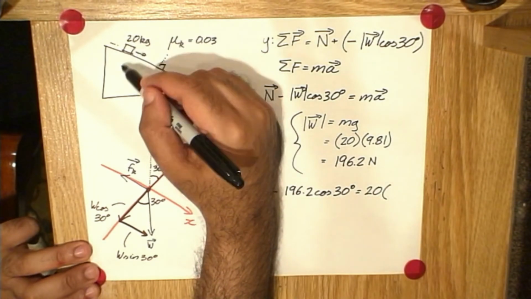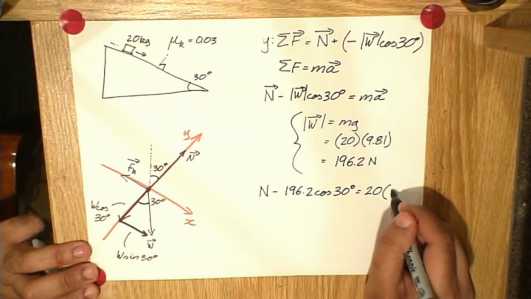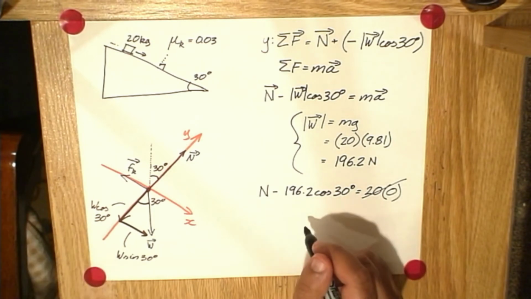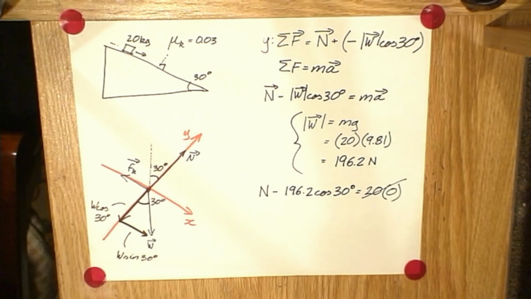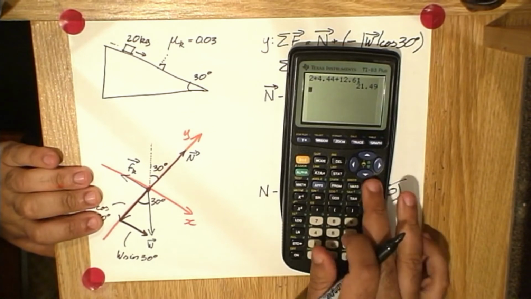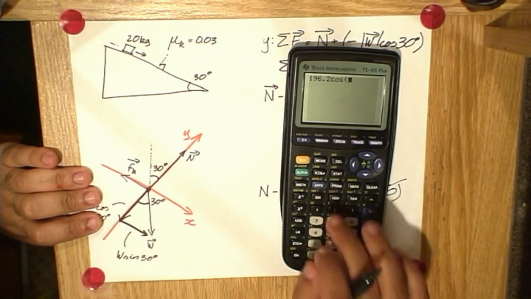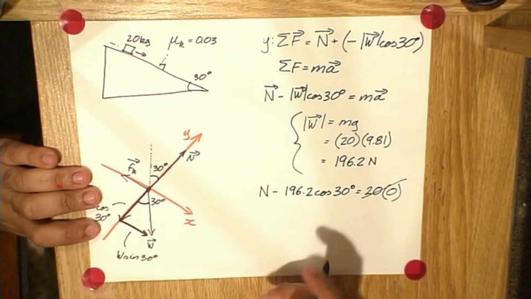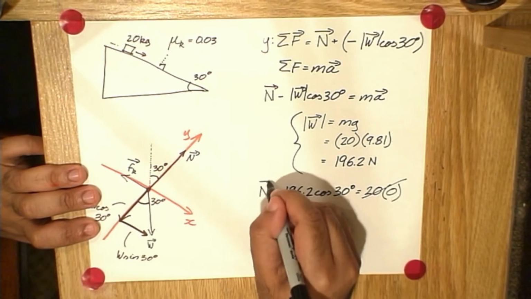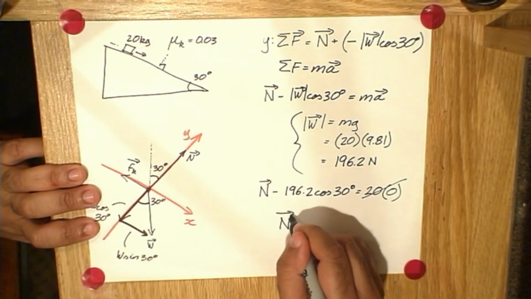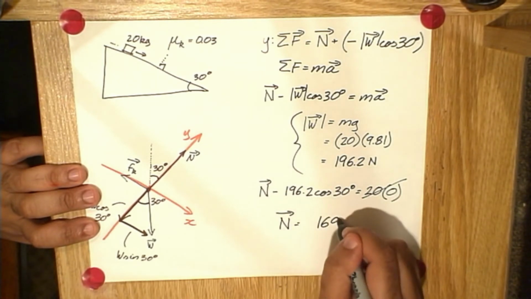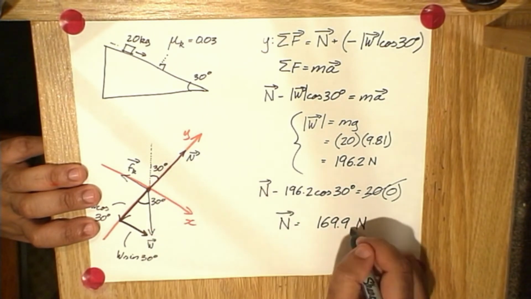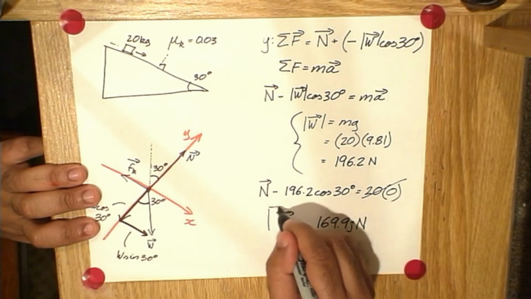But in the y direction, the acceleration, as we said a moment ago, is 0. So this entire right side cancels out. Now, 196.2 cos 30 is 169.9. So moving this to the other side, we end up with a normal force of 169.9 newtons. And this would be pointed in the j hat direction.